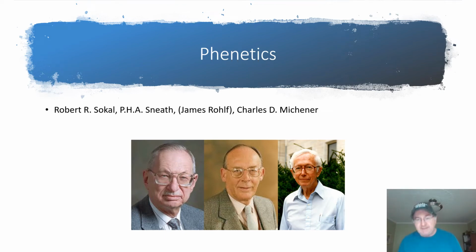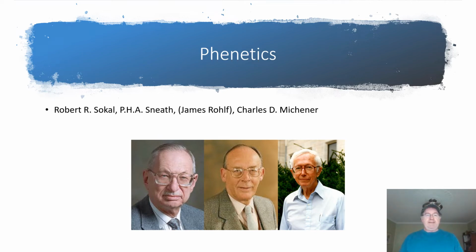I was confusing Sneath with another prominent co-author of Robert Sokal, and that other person was James Rohlf. So Sokal and Rohlf published a very influential book on statistical techniques. Sneath was a bacteriologist. He was British.